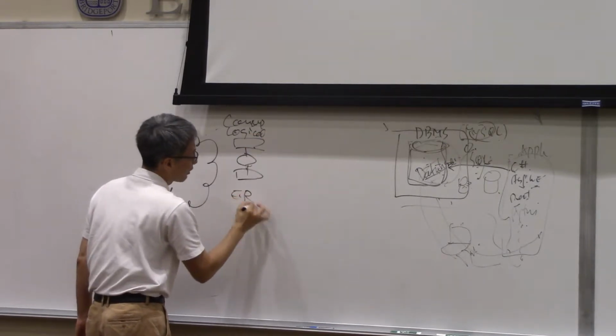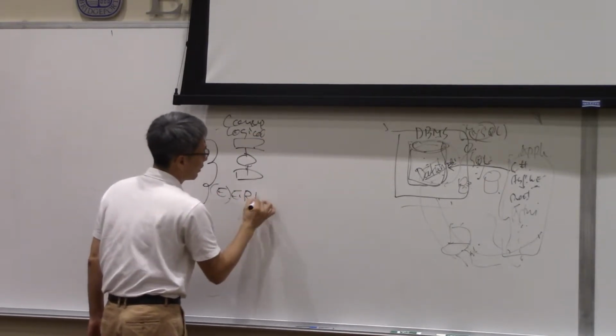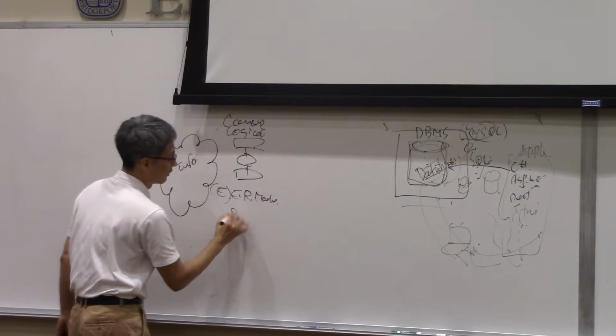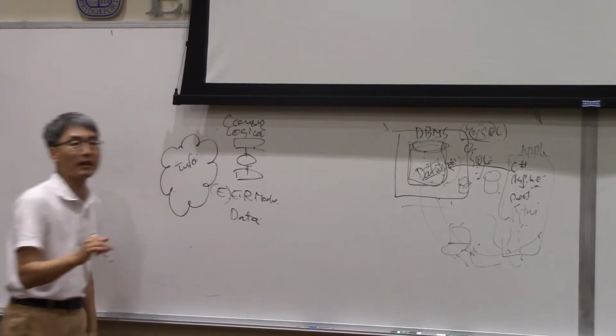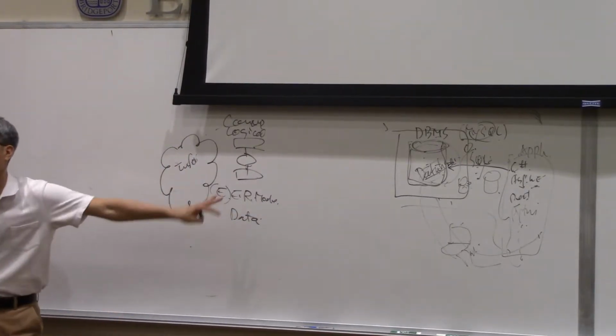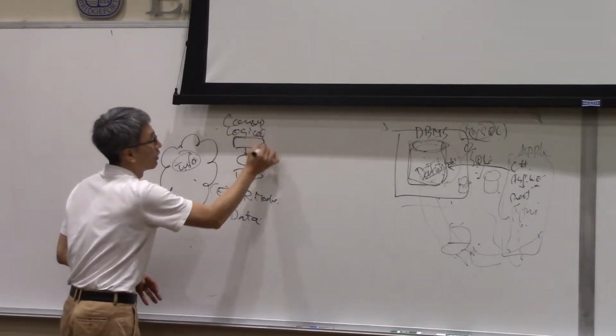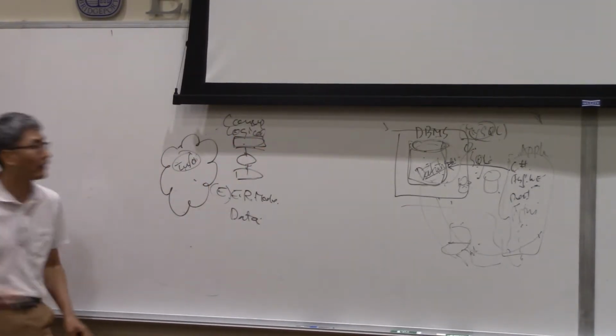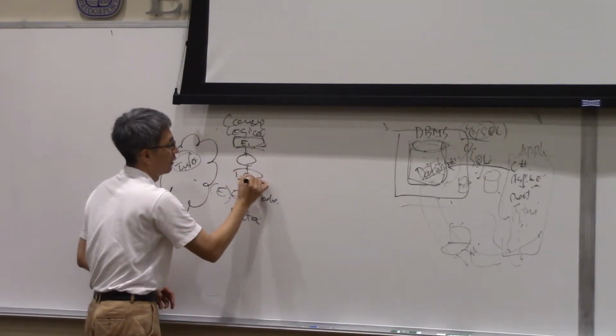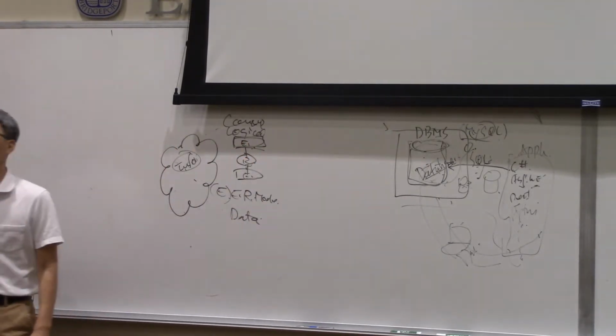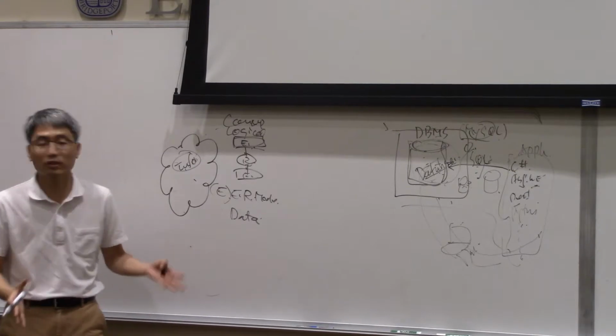ER modeling is a data model, not a database model. We don't know about the database yet. It's just to organize the information into data using entities and relationships. So this is one step closer because it's organized.